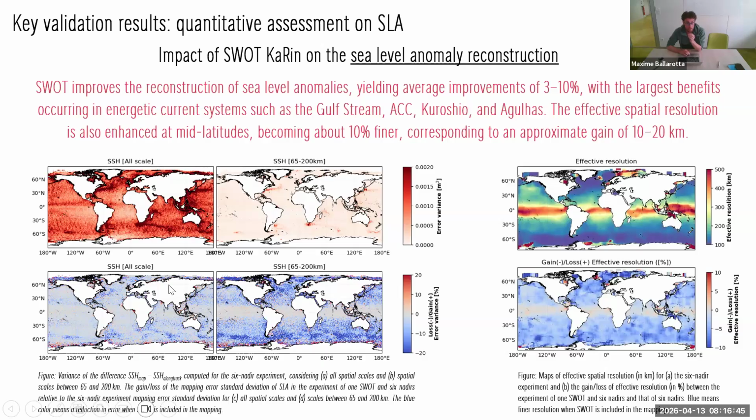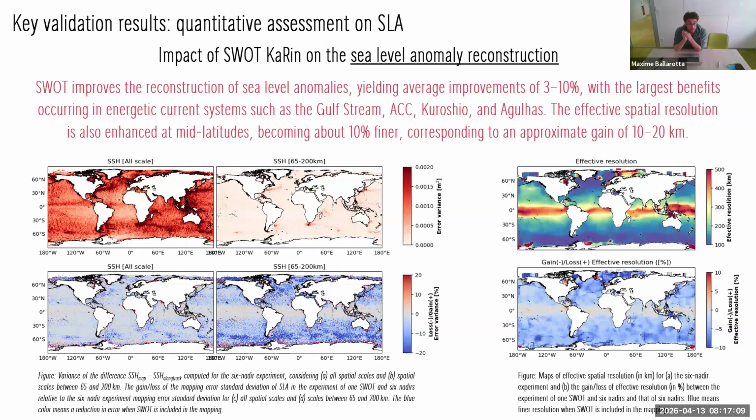And the figure on the bottom is the gain or reduction of error variance when you introduce SWOT. So when it's blue, it means that you reduce the error, expressed here as a percentage.